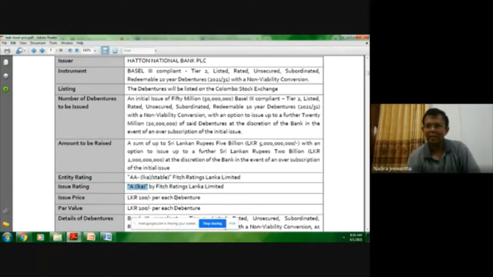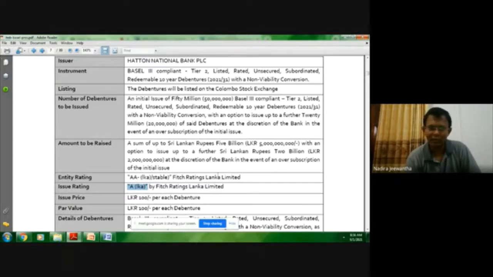So the A category means your repayment ability by the institution, by the bank, is quite high. Quite high. So you don't want to worry about the repayment. You don't worry about the money on the maturity, the money repayment by the HNB.